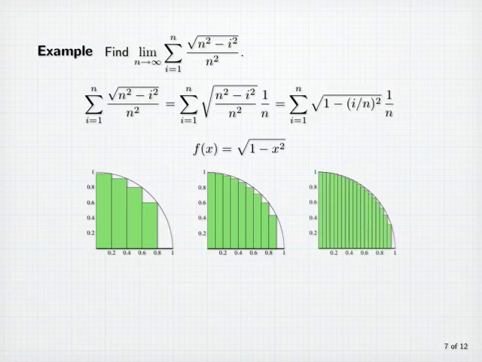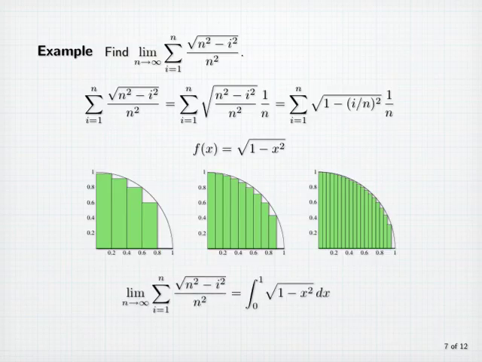So in fact, as n goes to infinity, these sums are approaching the integral from 0 to 1 of the square root of 1 minus x squared. The graph of the square root of 1 minus x squared between 0 and 1 is a quarter circle with radius 1 centered at the origin.